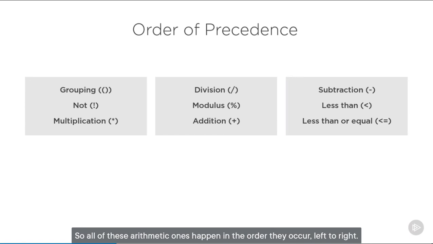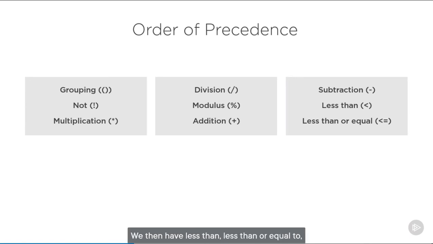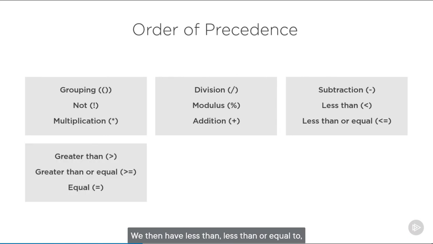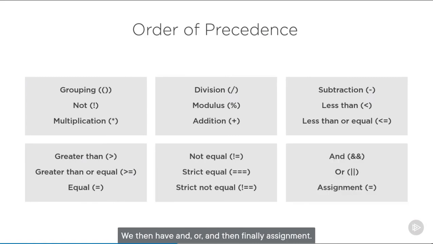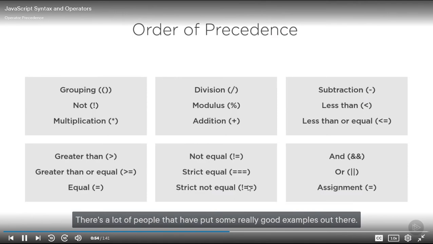All of these arithmetic ones happen in the order they occur, left to right. We then have less than or equal to, greater than or equal to, equal, not equal, strict not equal. We then have and, or, and then finally assignment. So there is an order to which things occur. You can look this up on the internet. There are a lot of people who have put some really good examples out there, and it'd be a good way to test your knowledge.